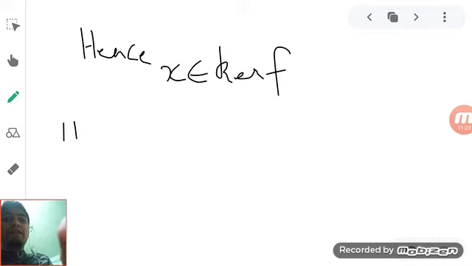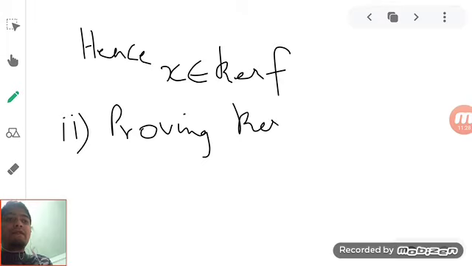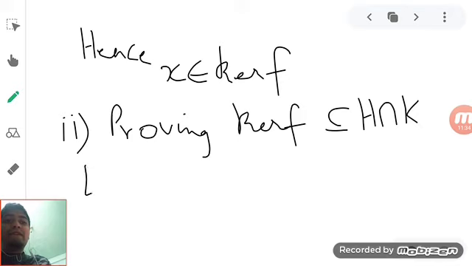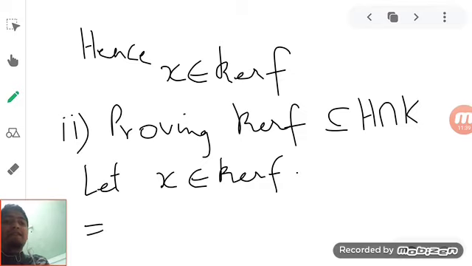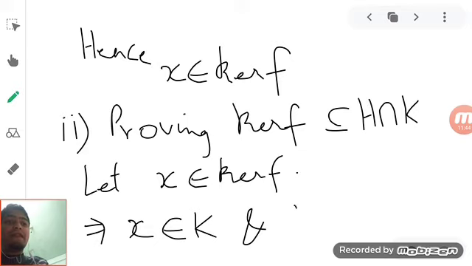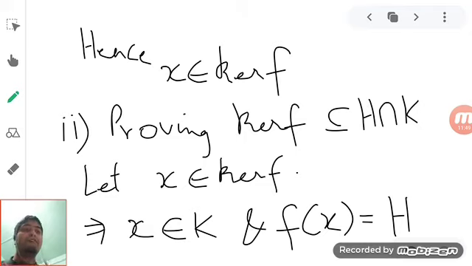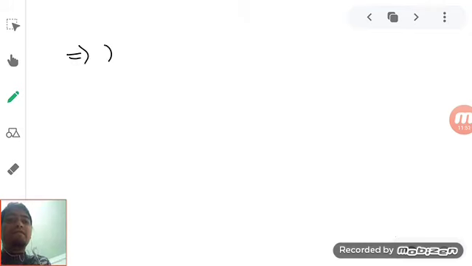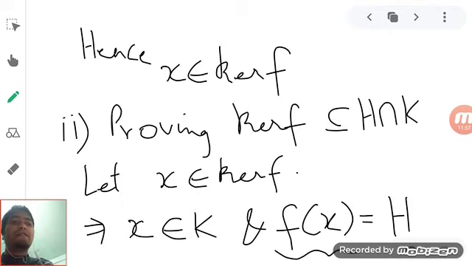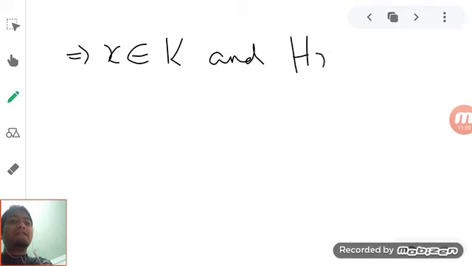Now we will do the second part, that is proving kernel f is a subset of H intersection K. Let x belong to kernel f. Since x belongs to the kernel f, it means that x, first of all, should belong to K, and f(x) will be equal to the identity, that is equal to H. This implies x belongs to K. f(x), according to the definition, is Hx.